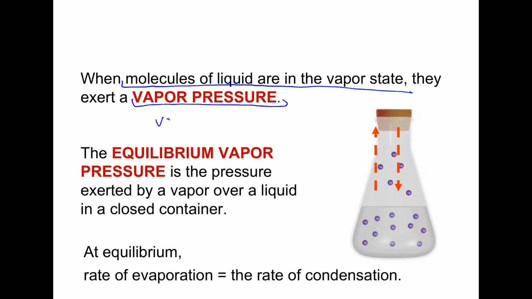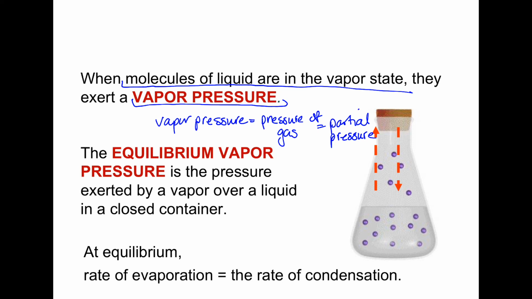Now, vapor pressure is the same thing as pressure. So it's just the pressure of the gas. It's also the same thing as the partial pressure. So when we were doing calculations to talk about the partial pressure of water, that's also the vapor pressure of water.